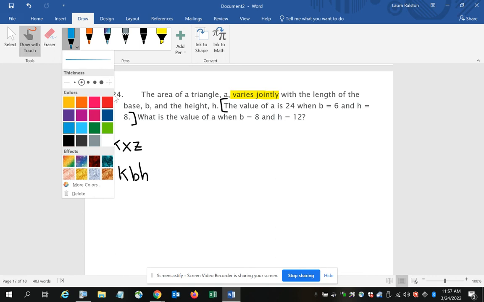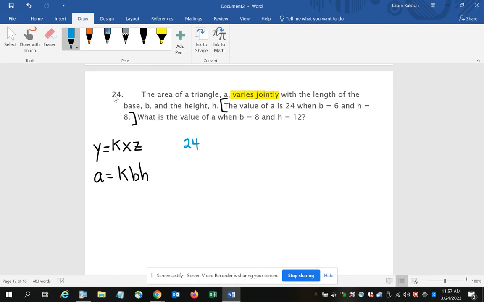The value of A is 24 when B is 6 and H is 8. So we have 24 equals K times 48. I'm going to divide both sides by 48. So I have 1/2 equals K.